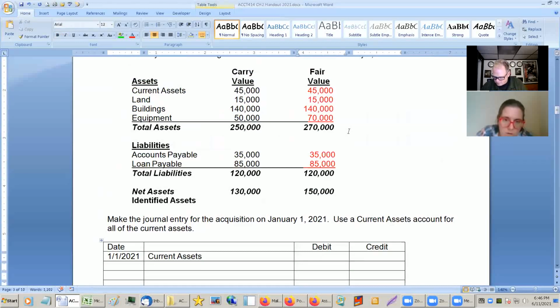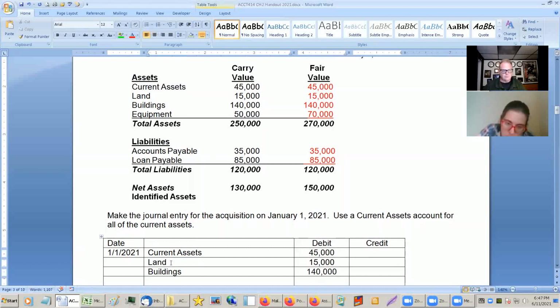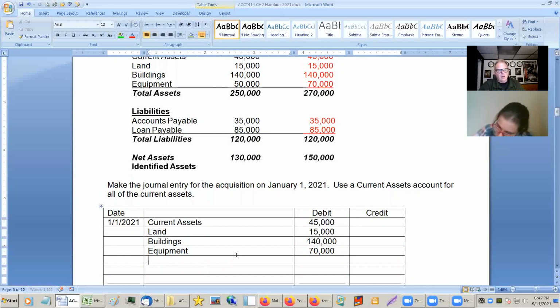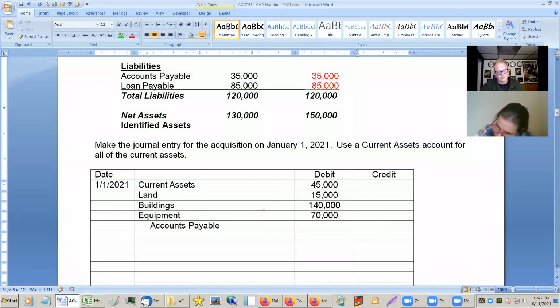And you're going to put them on at the fair value. And accounts payable goes on, yeah.